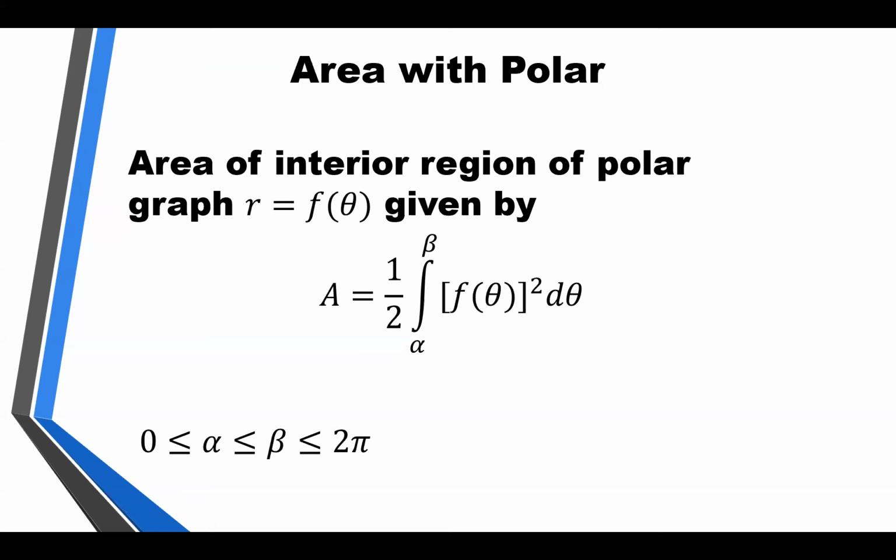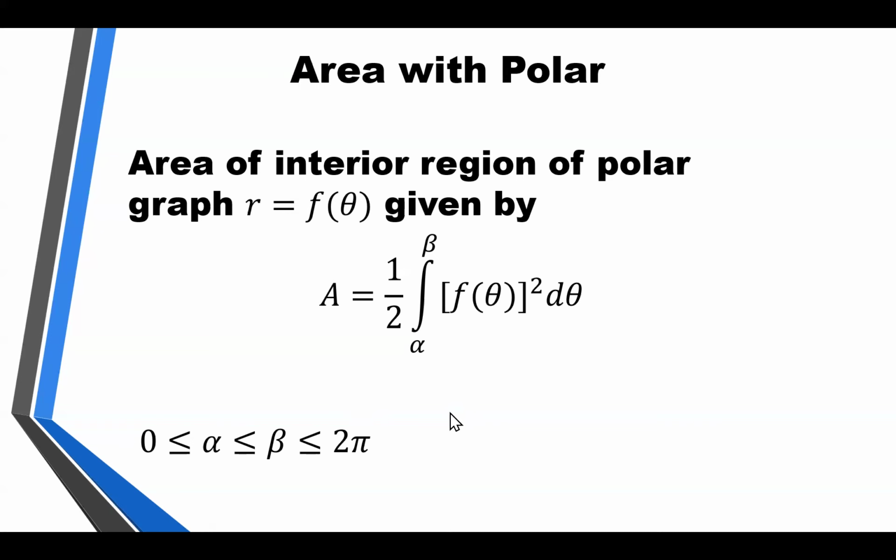An area of an interior region of a polar graph, r equals a function of theta, is given by area. This is 1/2 times essentially r squared integrated with respect to theta from angle alpha to angle beta. And usually we set alpha and beta between 0 and 2 pi, where alpha is the smaller one.